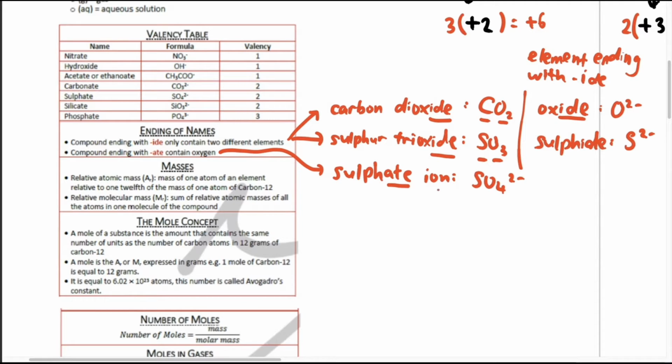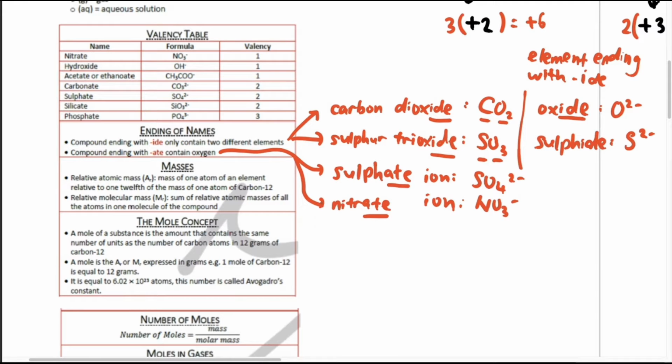The ATE refers to the oxygen there. Let's say nitrate ion. You can see the word ATE at the back. So it refers to the presence of oxygen, NO3 minus. So the oxygen is there. Okay, so you can see the example that way.